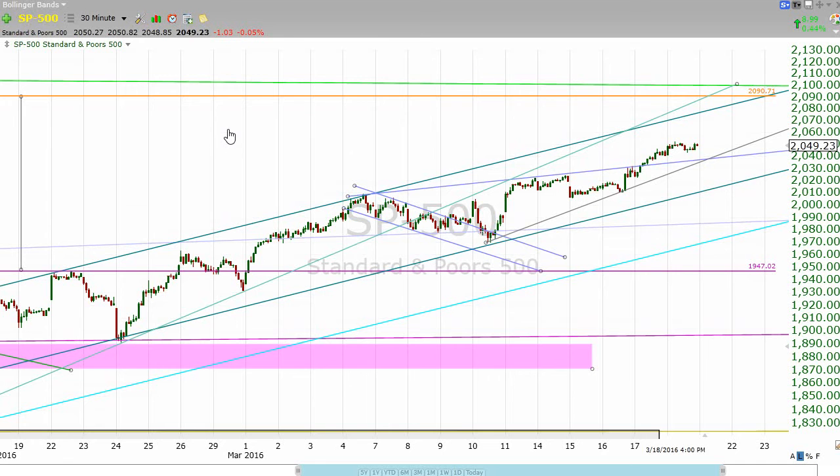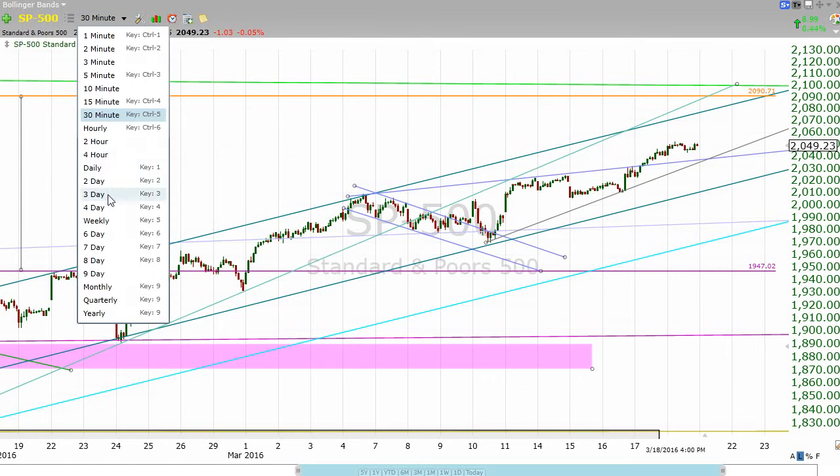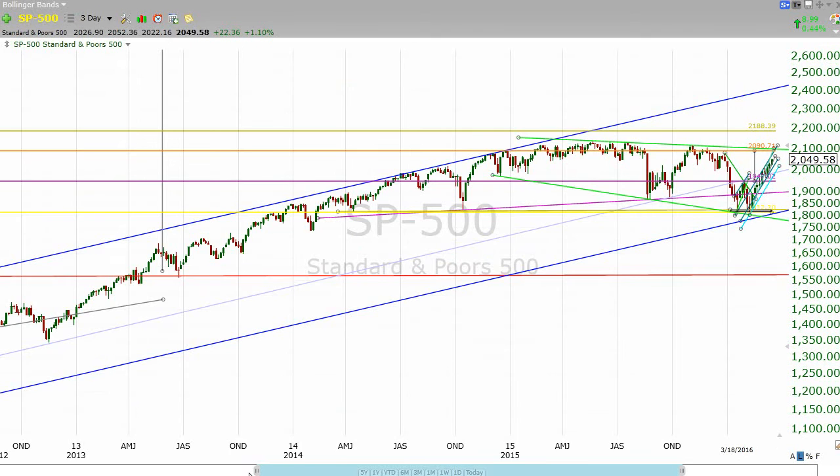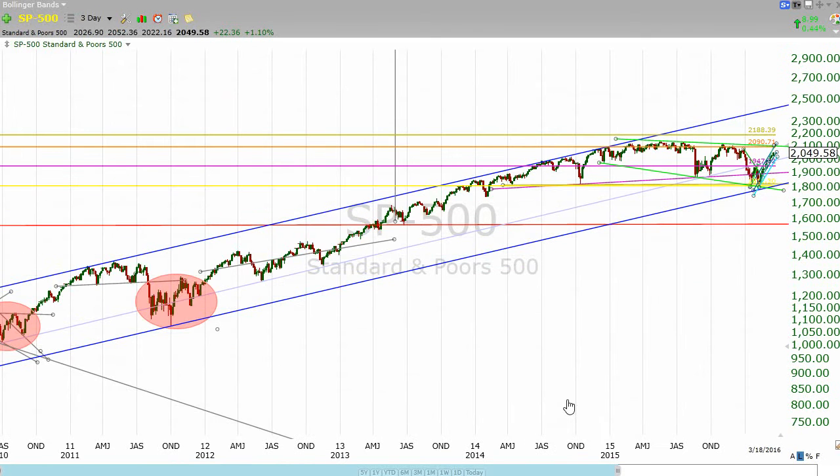If you have your own chart and it's in an arithmetic scale and you look at a long range chart, something similar to this, your lines probably aren't going to match up with mine. I use a logarithmic scale. What does that mean? Just very briefly, let me illustrate it like this.